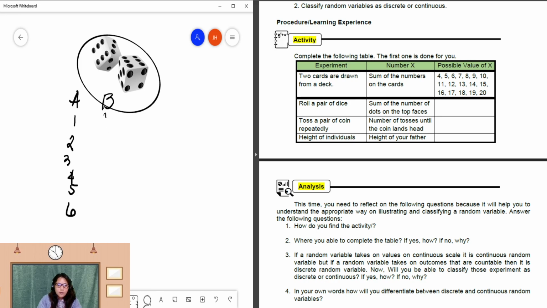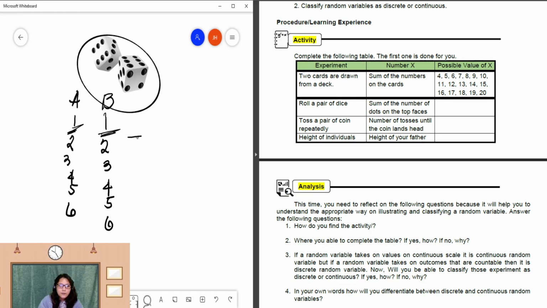We have 1 here. They have the same values because they have the same numbers. These are the possible numbers. Again, refer to x: the sum of the number of dots on the top faces. Suppose the first roll is 1. That is your first one. When you roll the second die, it is 1 again.